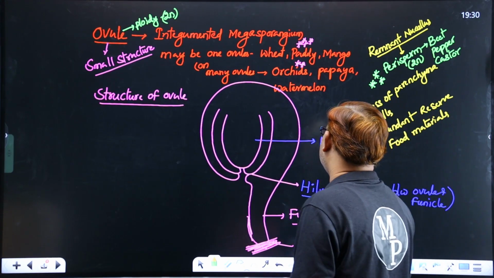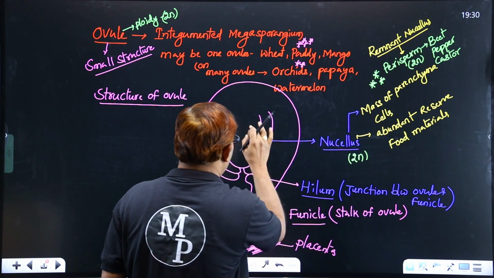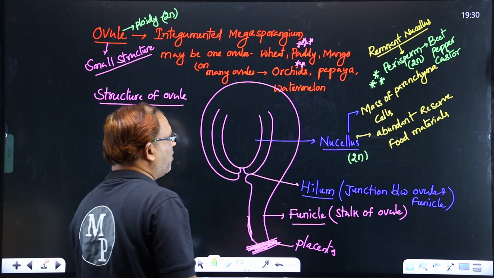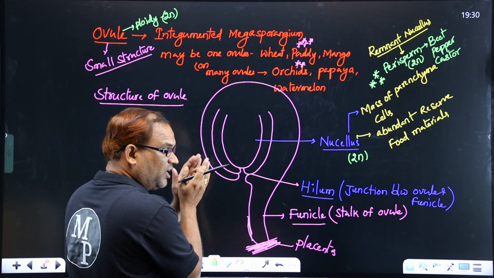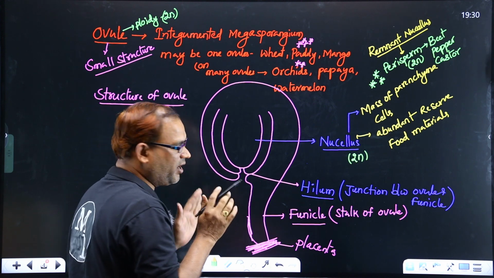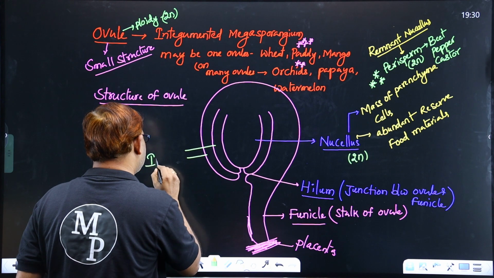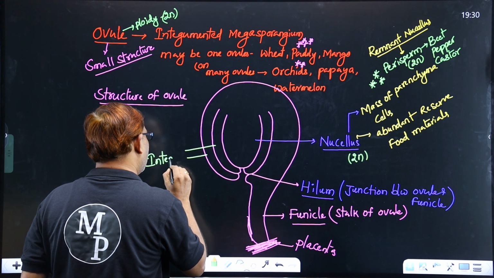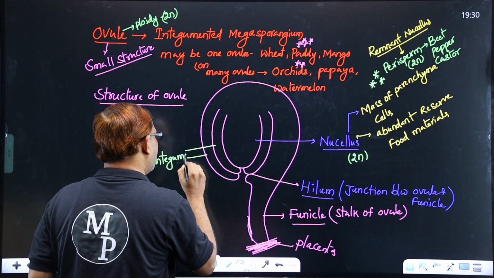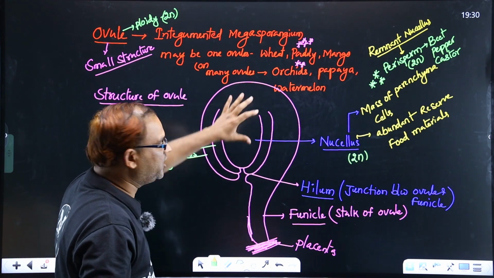Clear now? Next one, see all of you, this is the nucellus portion, right? But now this nucellus is enclosed by what? There are integuments. These are called integuments.